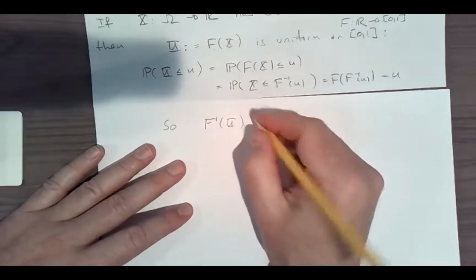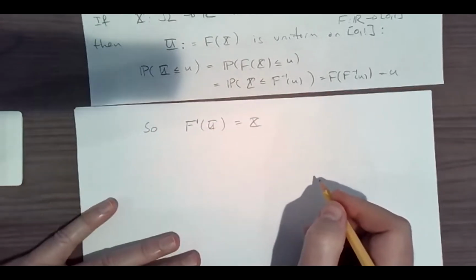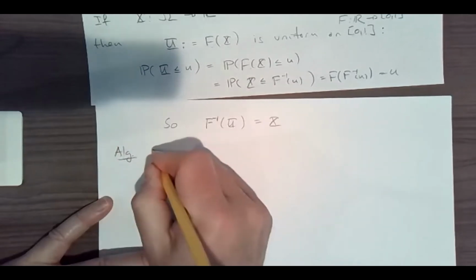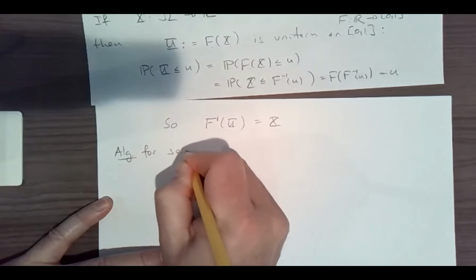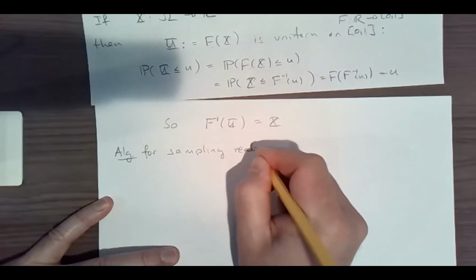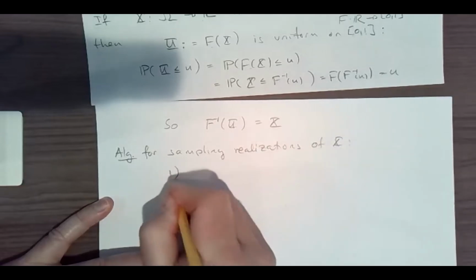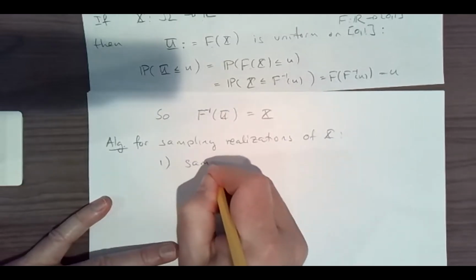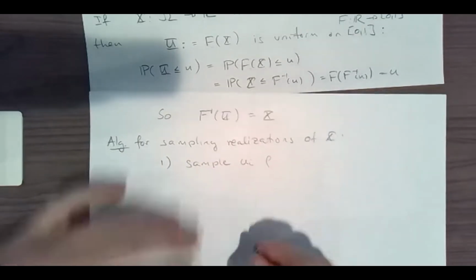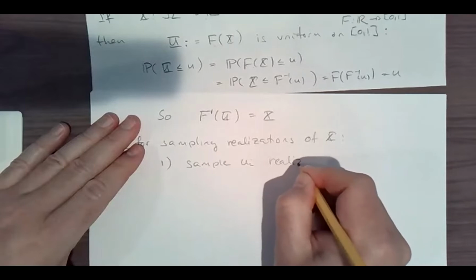F inverse of U, this is my X. And so the algorithm for sampling realizations of X is: first step, you sample Ui, realizations of the uniform.